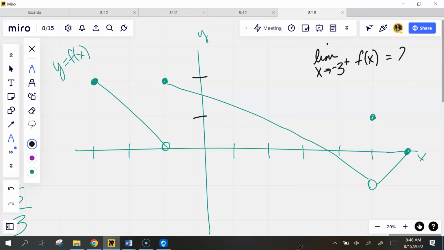Two. What is the limit as x approaches 5? Oh, good job. That's right.